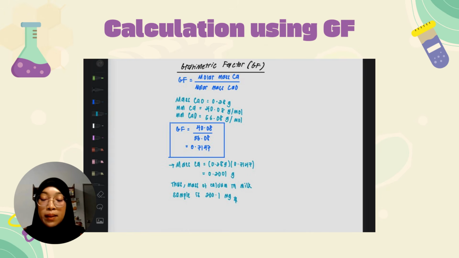The mass of calcium oxide obtained is 0.28 gram, molar mass of calcium 40.08 g/mol, molar mass of calcium oxide 56.08 g/mol, and we get the GF of 0.7140. We can also obtain the mass of calcium by multiplying, and we get 0.2001 gram. Thus, the mass of calcium in the milk sample is 200.1 mg.